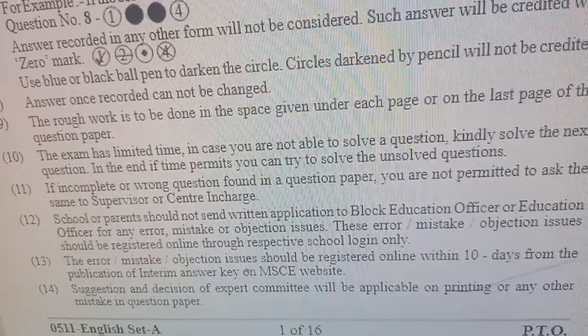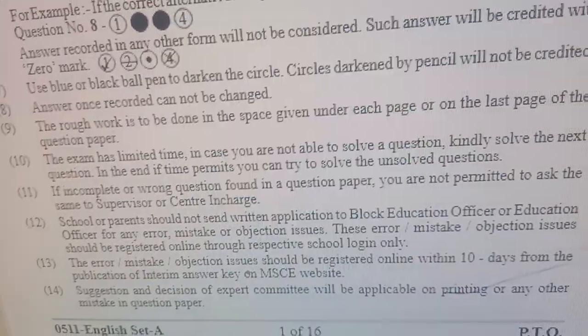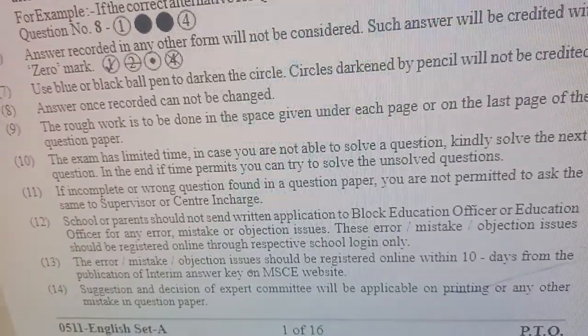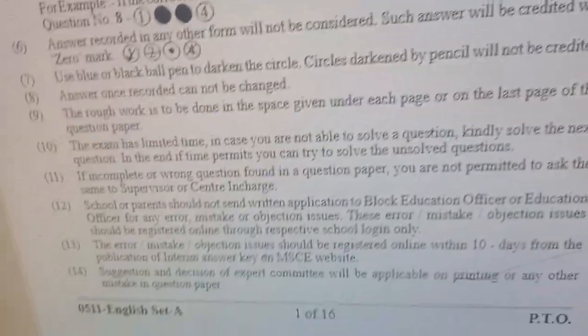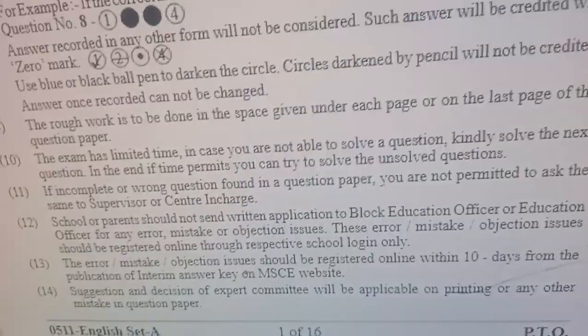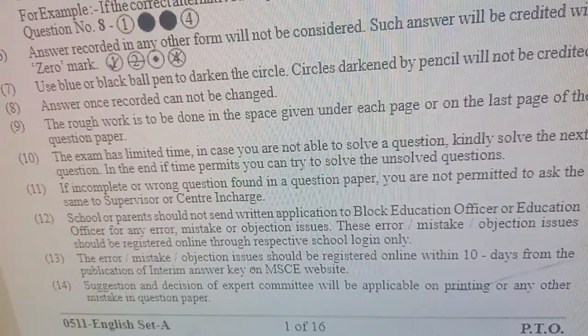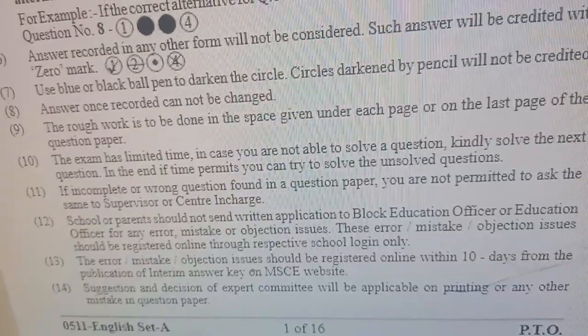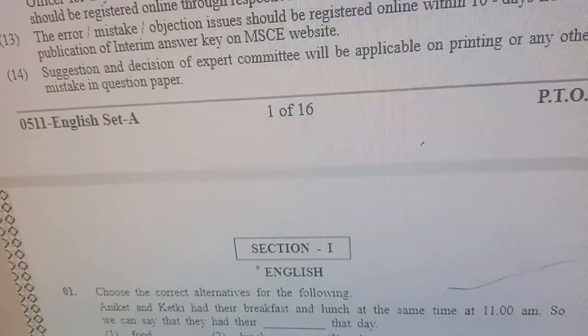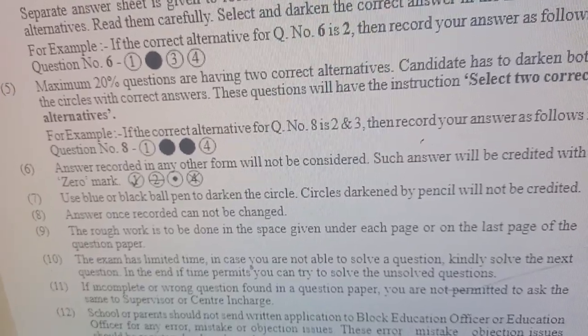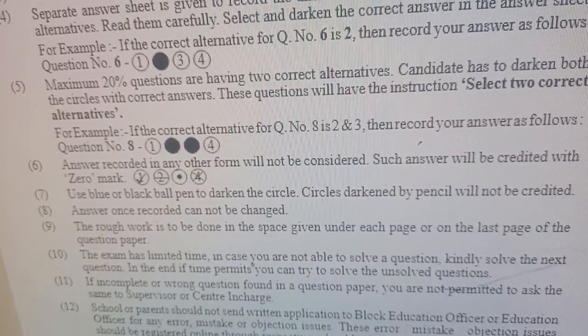Suggestions and decisions of the expert committee will be applicable on printing or any other mistakes in a question paper. So you do not individually have the right. All these papers are prepared by an expert committee. So this is the instruction video.